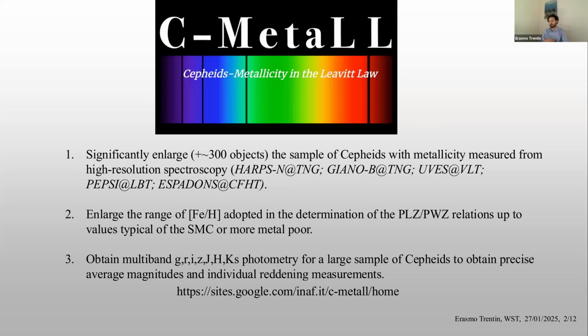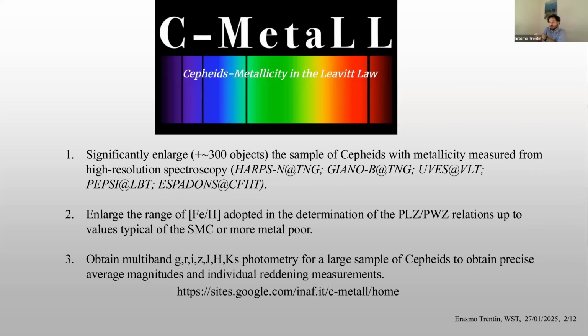But what we want is to push towards the outskirts of the Milky Way, where supposedly we should find low metallicity Cepheids. Of course, since we are talking about calibration of the PL relation, we would also need the photometry, trying to have as many bands as possible to calibrate as many relations as possible.